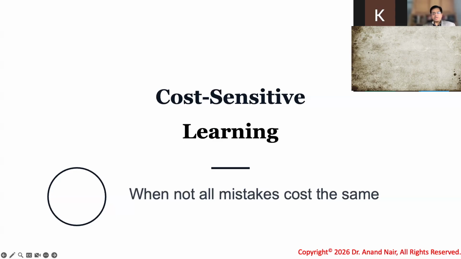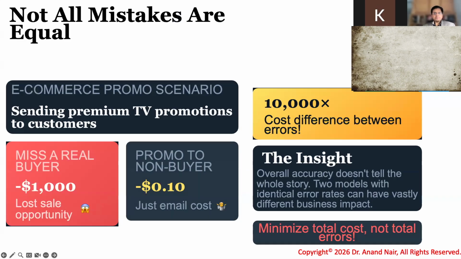How we incorporate this cost into an evaluation framework is where we are going. A concrete example will help us understand this. Let's imagine that we are promoting premium smart TVs. That's our context that we also have in our reading. Now, missing someone who would have bought costs us a certain amount, let's say a $1,000 sale.